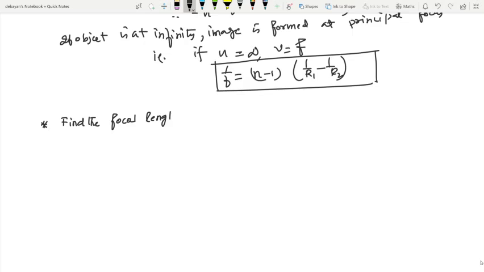This is lens number 1, this is lens number 2, this is lens number 3, and this is the refractive index, this is 6 by 5, and this is 8 by 5.